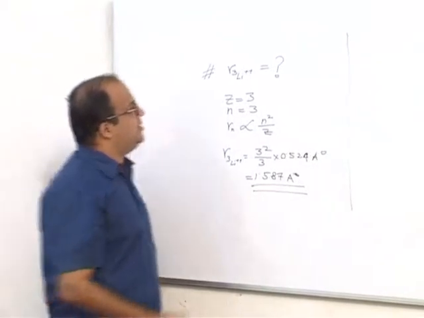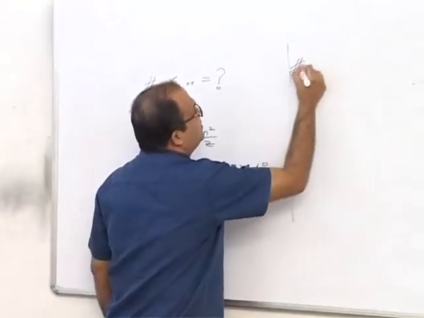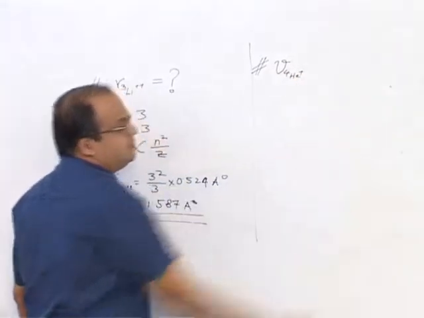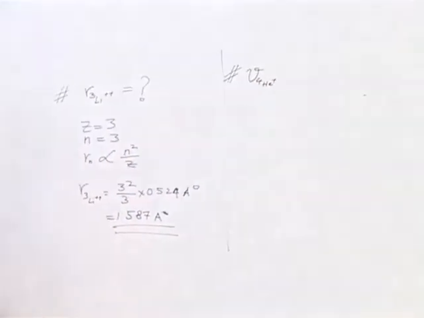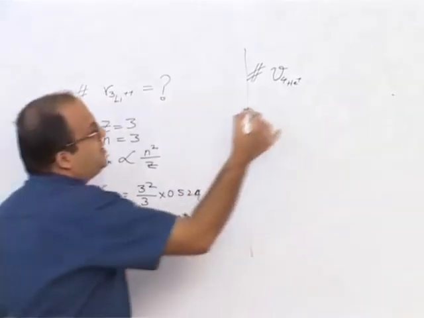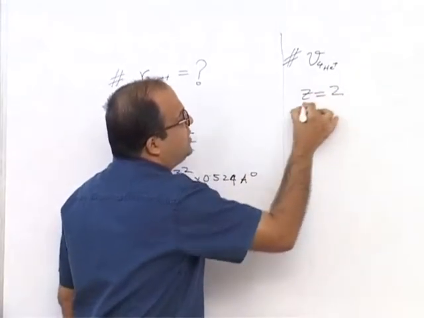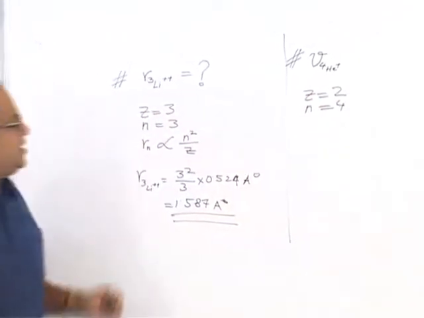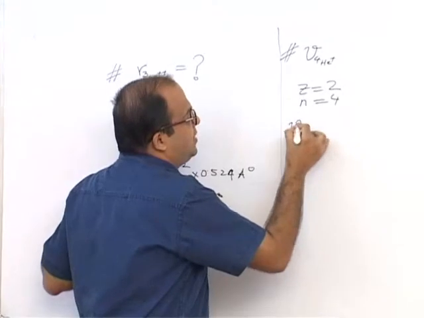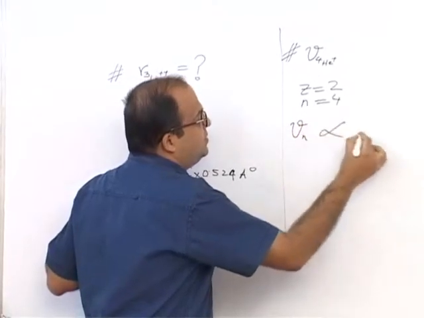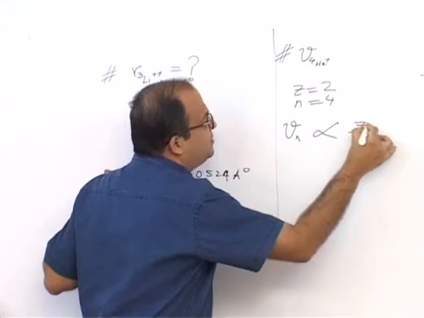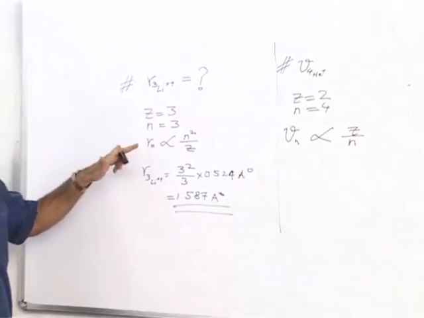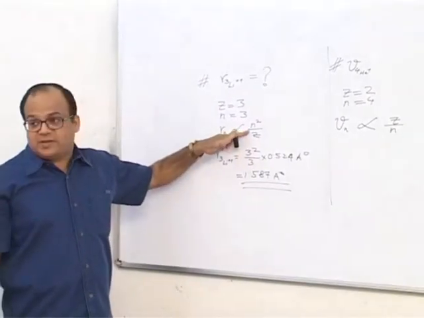Suppose we have to find the velocity of the electron in the fourth orbit of He plus. Here Z is 2, n is 4, and velocity is proportional to Z by n. If you remember, in r_n, n square is in the numerator.